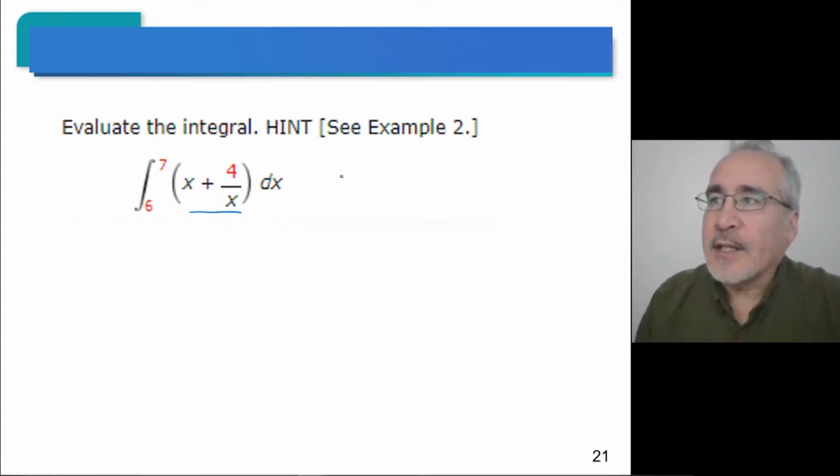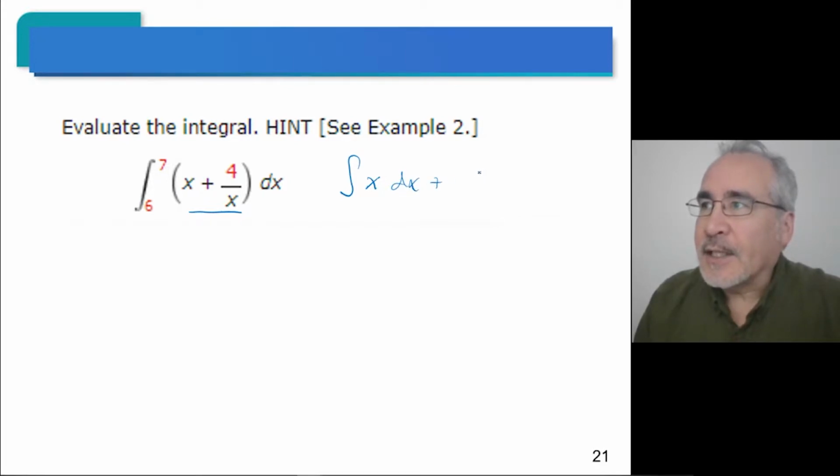So let's integrate this. First of all, let's just think of this as the integral of x dx plus, let me just move the 4 out front, the integral of 1 over x dx. So notice how I've separated these into two integrals. This first one, x to the first, integrates quite nicely.